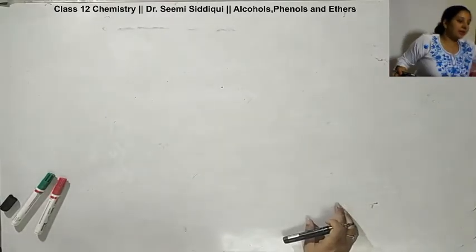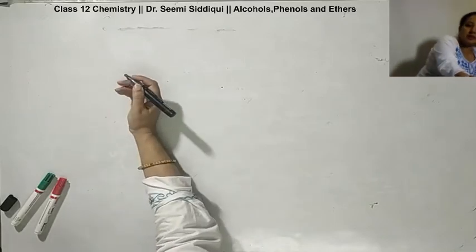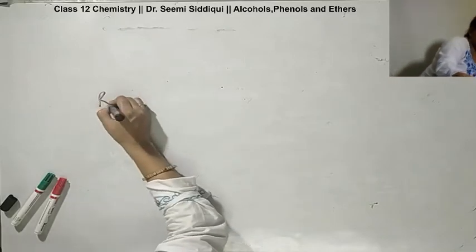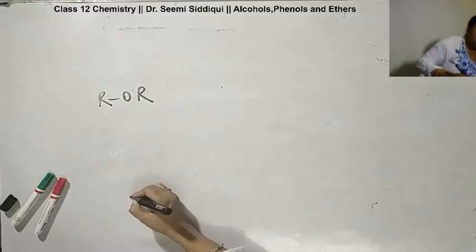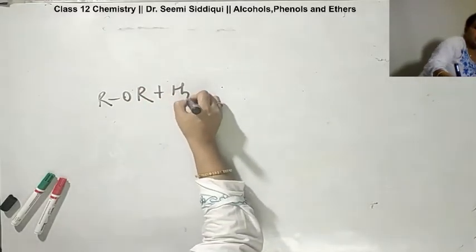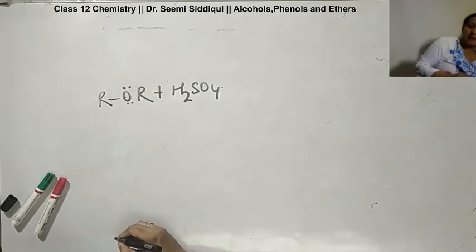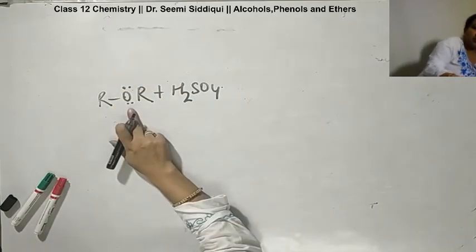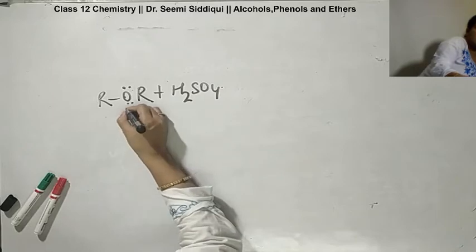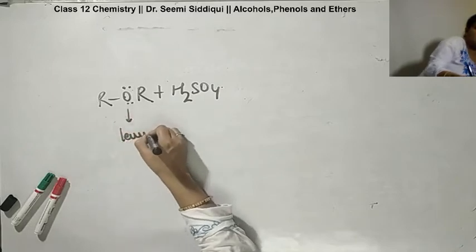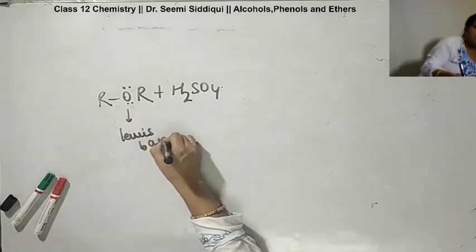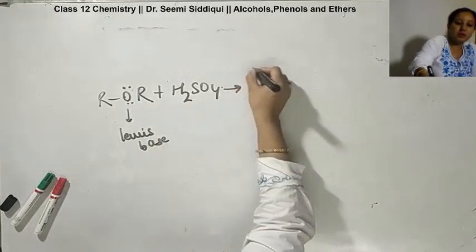Always remember, whenever we have a concentrated acid, ROR plus H2SO4, the ether has a lone pair. Now the lone pair of electrons is going to act as a Lewis base. So what is going to happen?